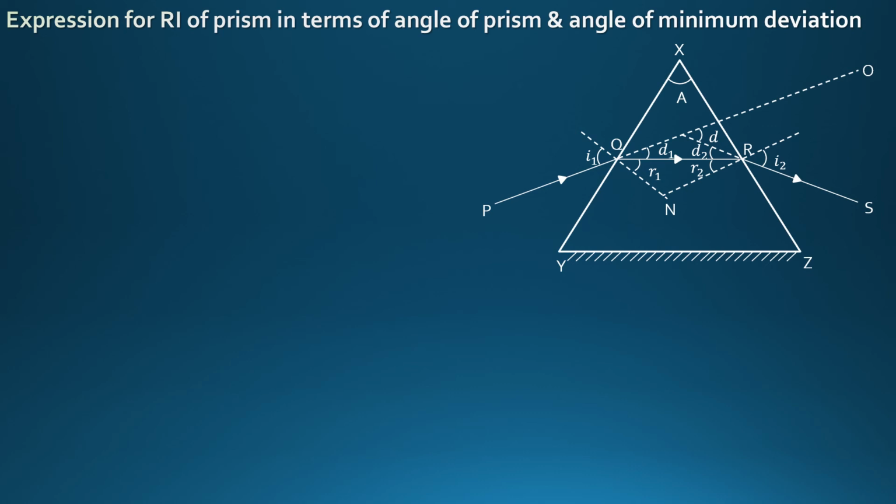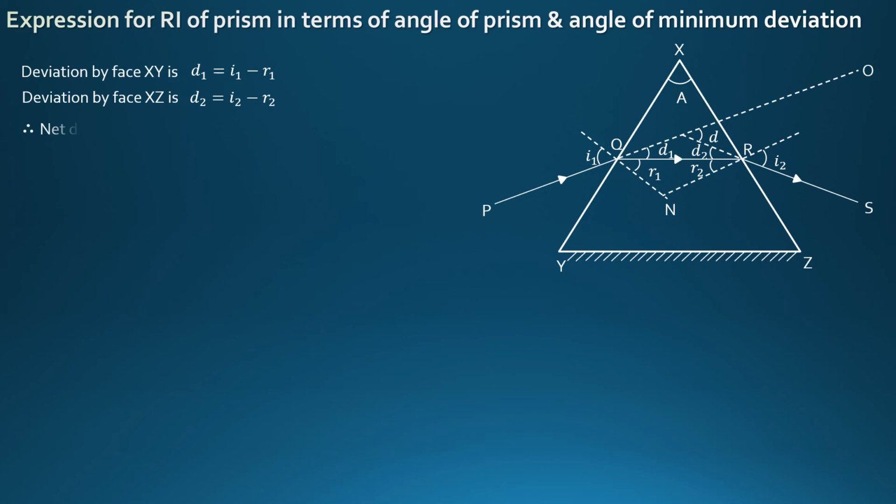The deviation produced by the face XY can be written as d1 is equal to i1 minus r1. Next, the deviation produced by the face XZ can be written as d2 is equal to i2 minus r2.